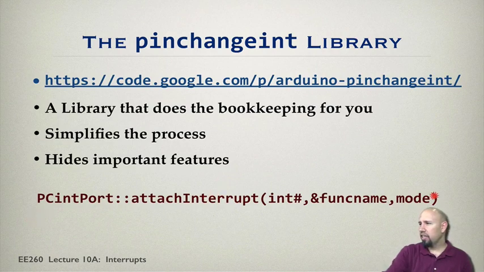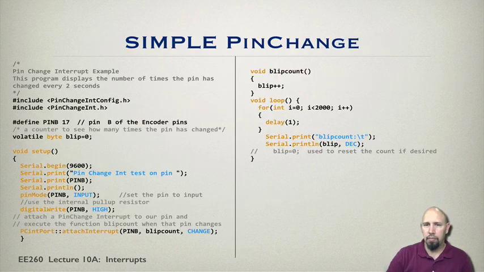So this is the call for the pin change interrupt. You give the interrupt number, which is 0 to 23, and a function name, and again, you can use any function name that you want, and then a mode.